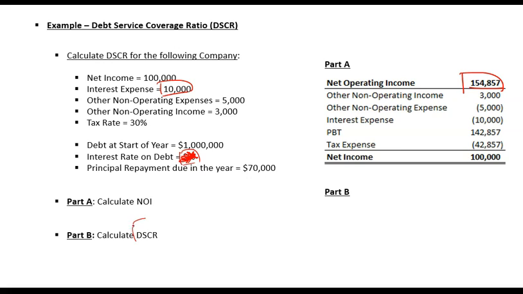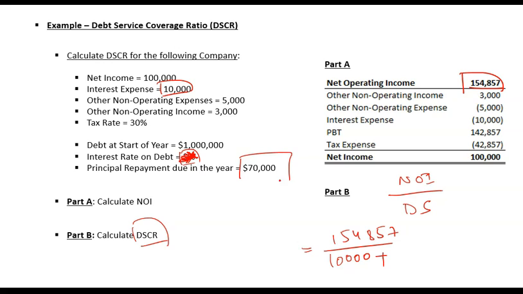Part B is calculating DSCR, that is debt service coverage ratio. So what is debt service coverage ratio? It is net operating income divided by debt service. Net operating income is 154,857 divided by debt service. Debt service is interest expense, that is 10,000, plus principal payment due in the year, that is 70,000.